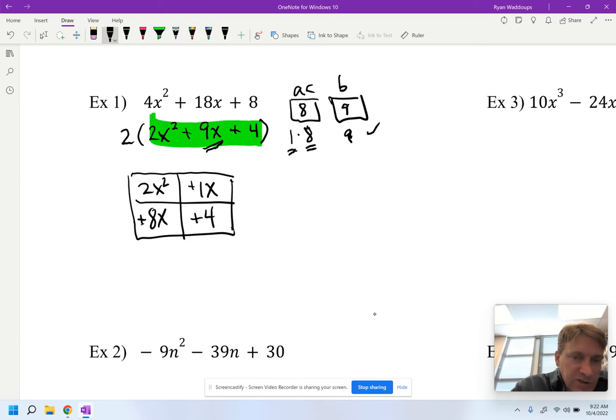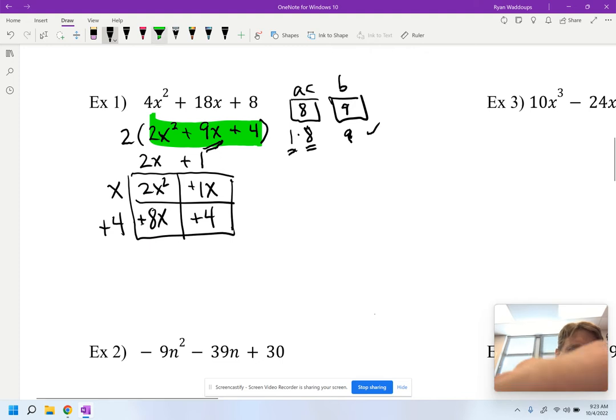And then I'm going to factor each row and each column. 2x squared and 1x have an x in common. And 8x and 4 have a 4 in common. So I'm going to put plus 4 here. And 2x squared and 8x, they share 2 and an x. And then 1x and 4 don't share anything in common, so they always have that one factor in common.